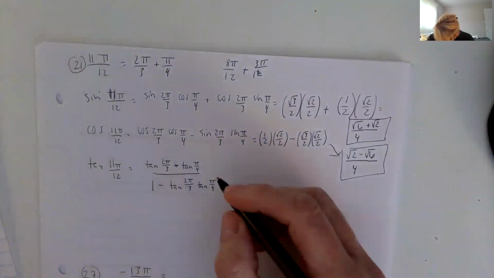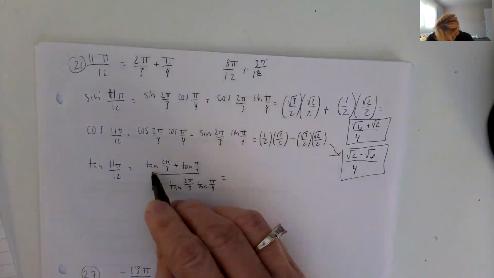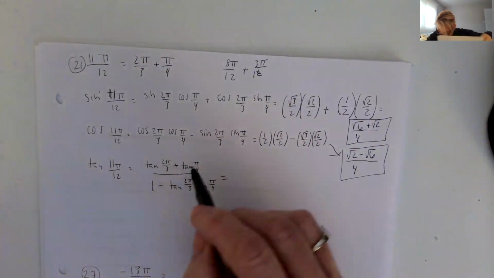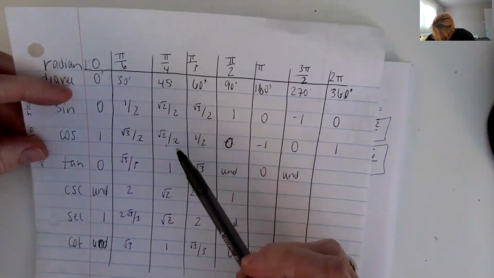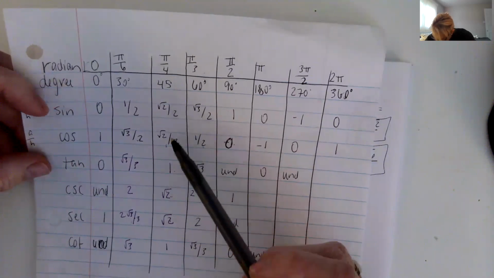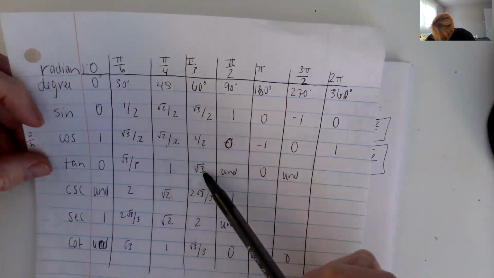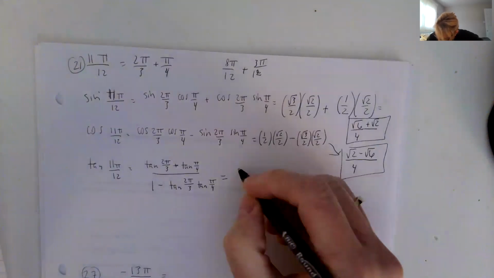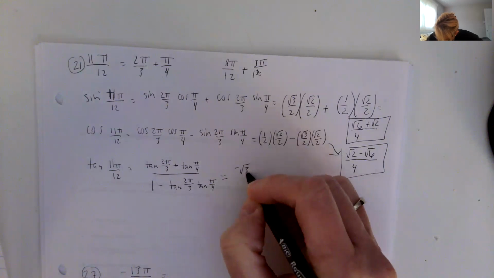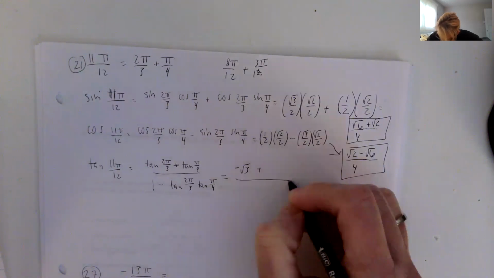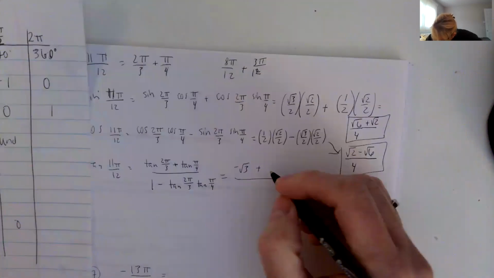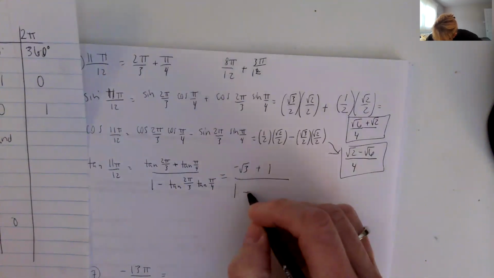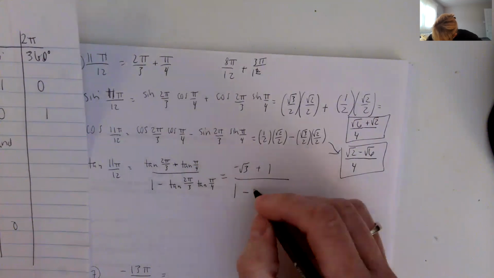And then tangent is a ratio. So the tangent of 2 pi over 3, so tangent in the second quadrant is a negative because cosine is negative. So it's a negative square root of 3 plus tangent of pi over 4 is 1 over 1 minus tangent of 2 pi over 3.